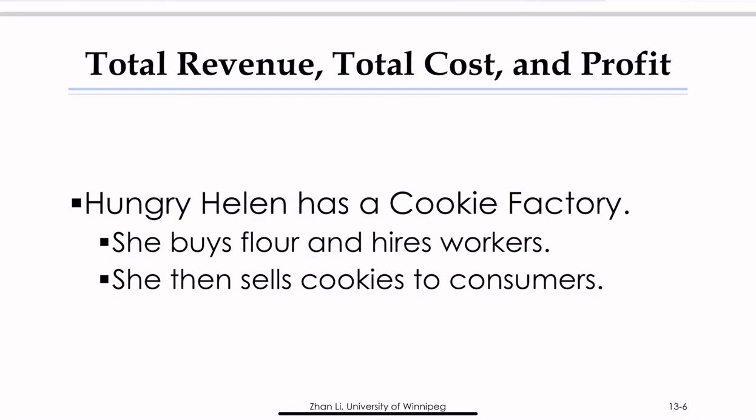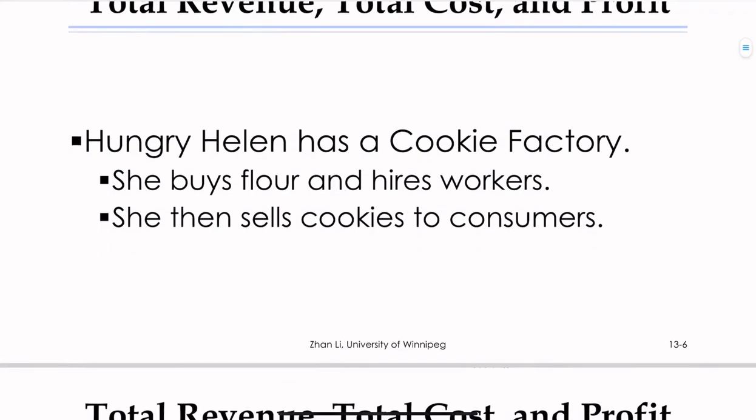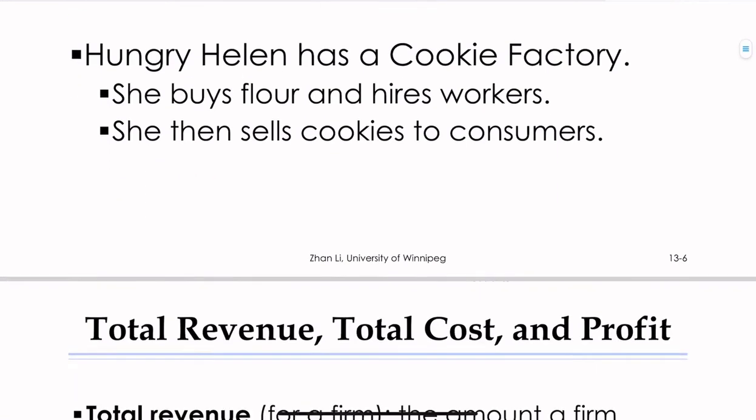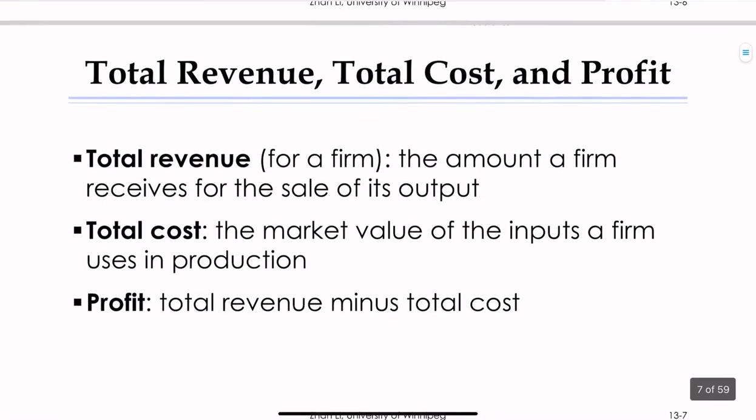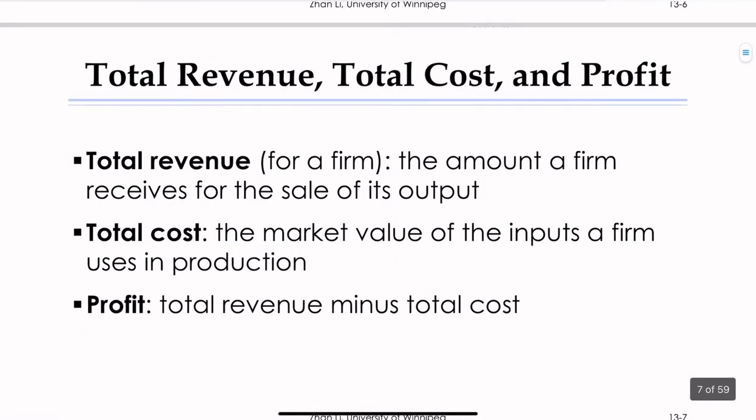Now let's look at this very simple case. Here, Hungry Helen has a cookie factory, and she buys flour and hires workers. She then sells cookies to consumers. Now, we define total revenue, total cost, and profit.